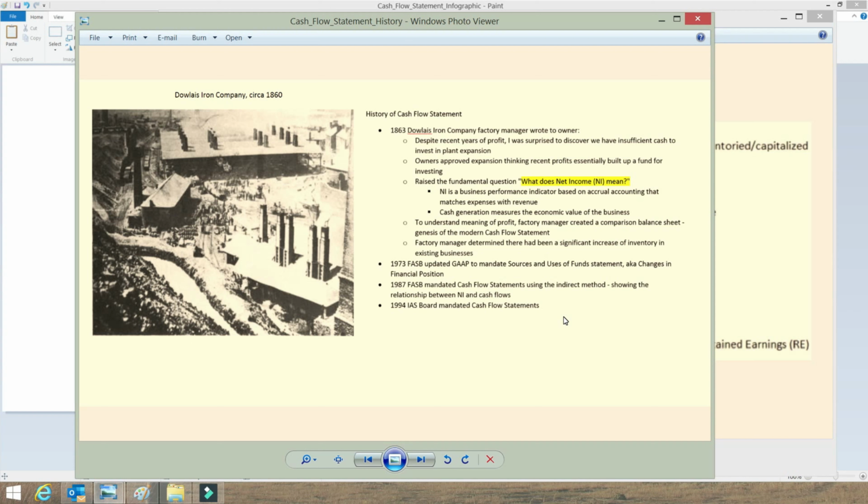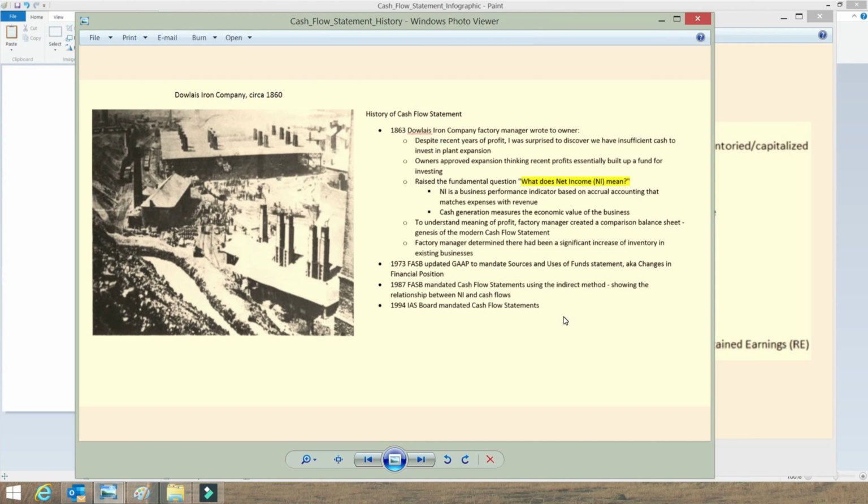So this really brought the need for something beyond the balance sheet and income statement, something that would reflect the state of cash and what cash was used for: what cash balance you started out with, where you ended up, and where the money got used.